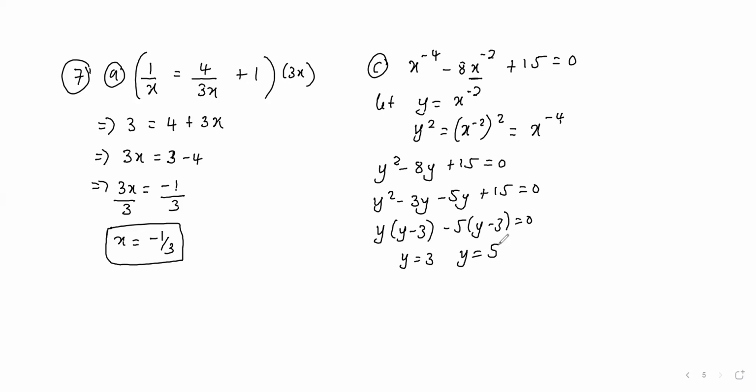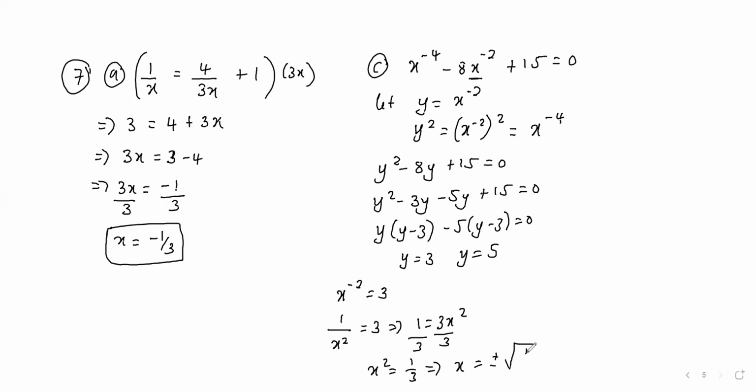But what is y? y is x to the negative 2, meaning 1 over x squared equal to 3. So we get 1 equal to 3x squared. Divide by 3, so we have x squared equal to 1 over 3, meaning x equal to plus or minus root 1 over 3.